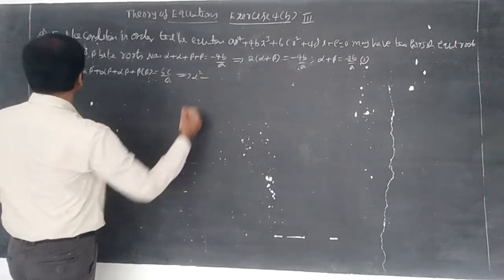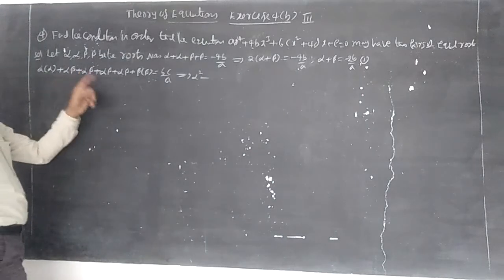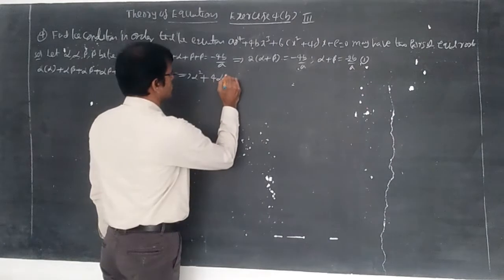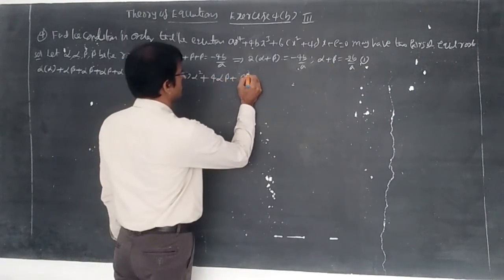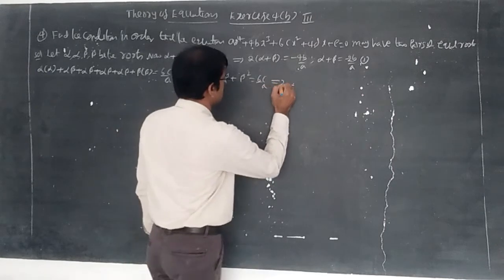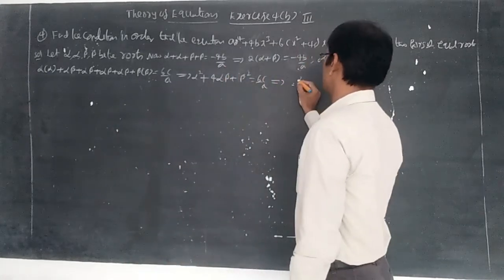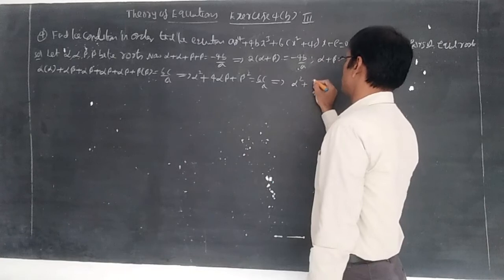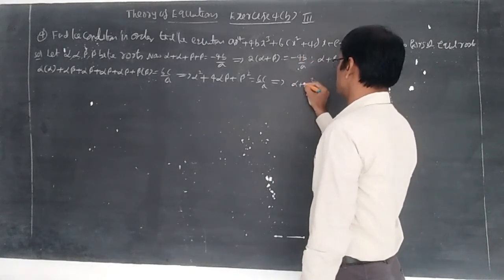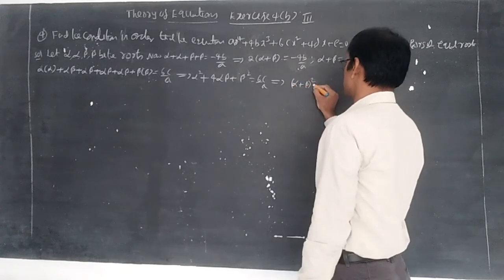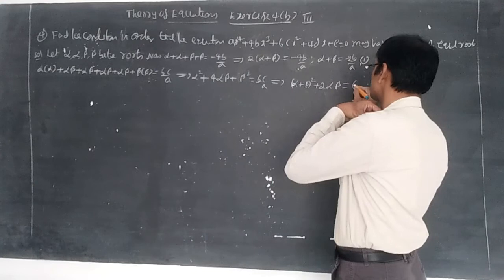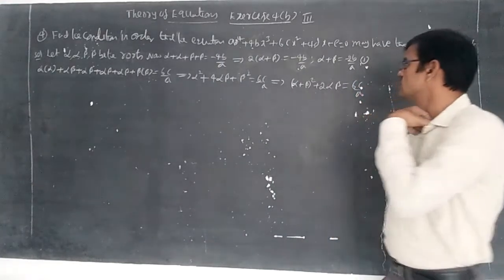That implies you can write alpha square plus 4 alpha beta plus beta square is equal to 6c by a. We can write it as alpha plus beta whole square plus 2 alpha beta is equal to 6c by a.